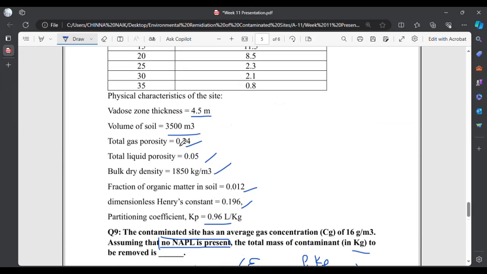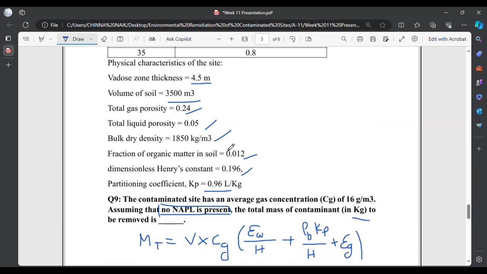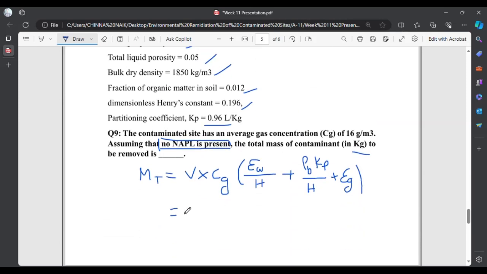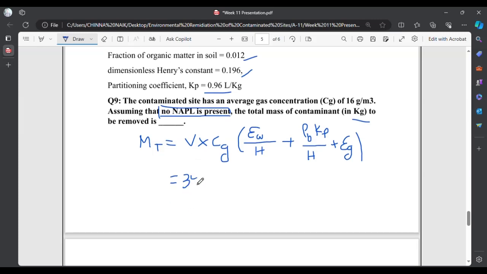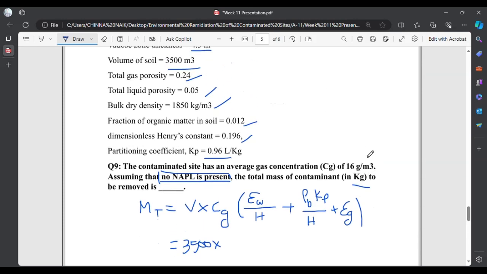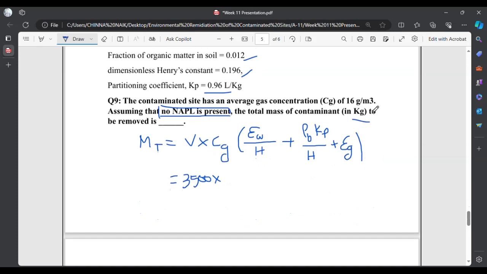So volume is 3500 meter cube, and concentration they gave in gram per meter cube, 16 gram per meter cube.